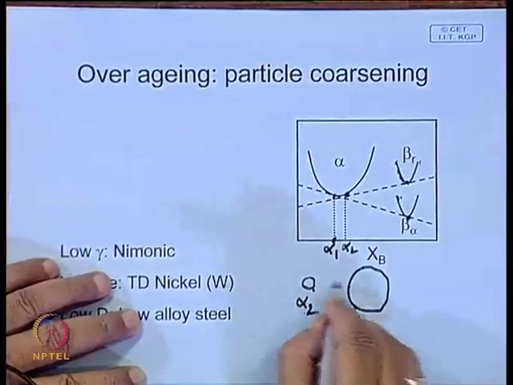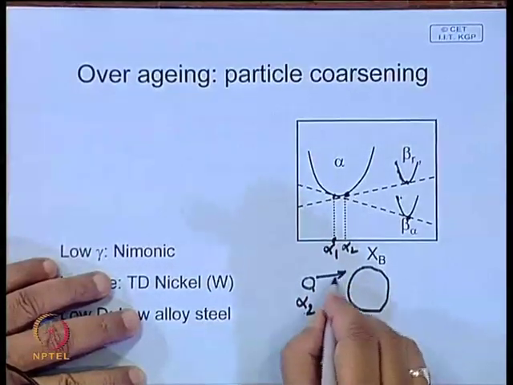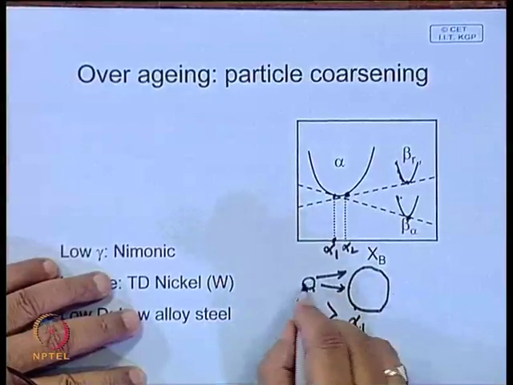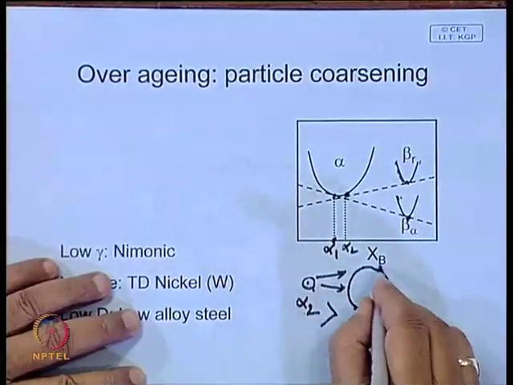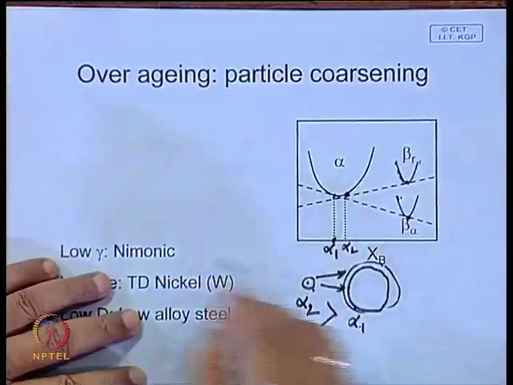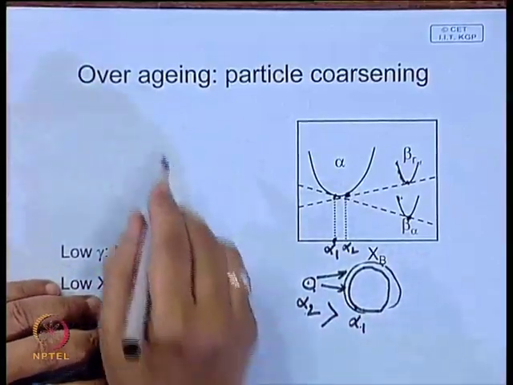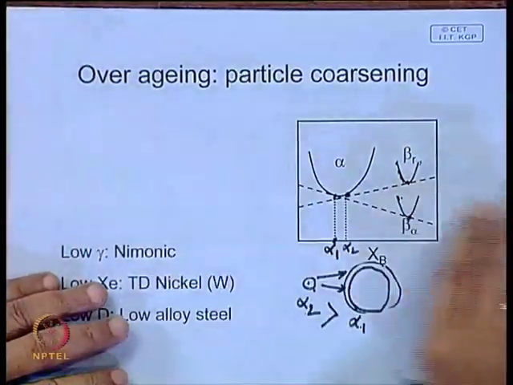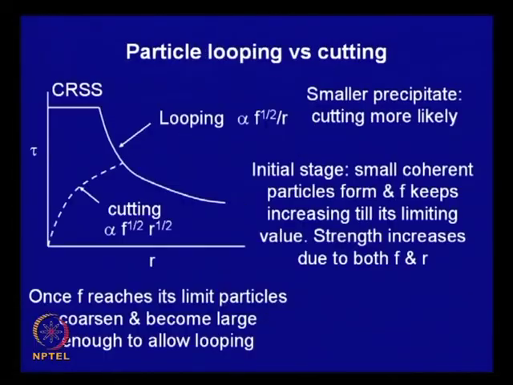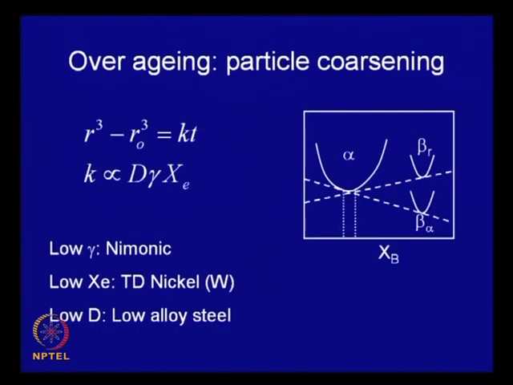So, there is a concentration gradient, so solute will diffuse, and finally the small one will disappear and the large one will grow. This is the process called Ostwald ripening.